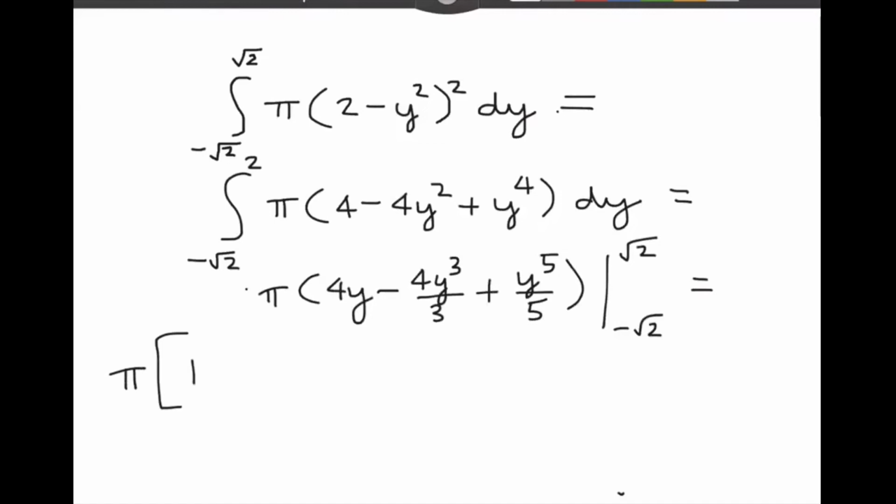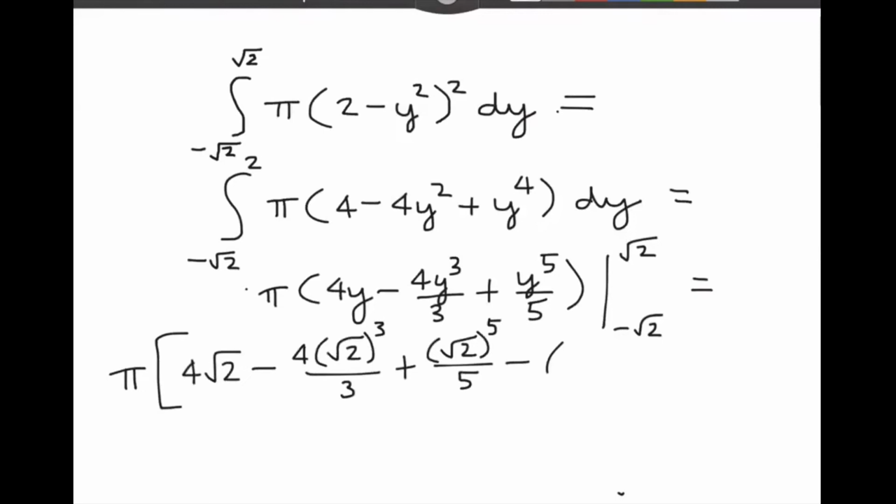So that'll be 4 root 2 minus 4 times root 2 cubed over 3 plus root 2 to the fifth over 5. And now I have to subtract the value of that expression at negative root 2. Remember to put it in parentheses.